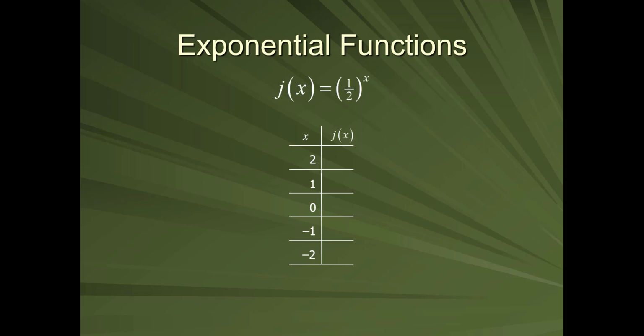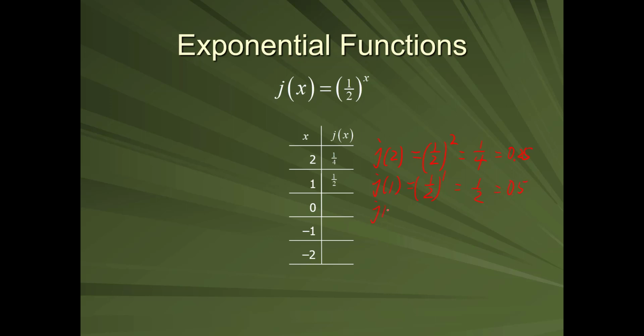So right here, let's say we do j of 2. So replacing x with 2, it's half to the second power. So it's half times half, which is a quarter. That's 0.25. Okay, you get a quarter here. j of 1, it's half to the first, it's half, which is 0.5.